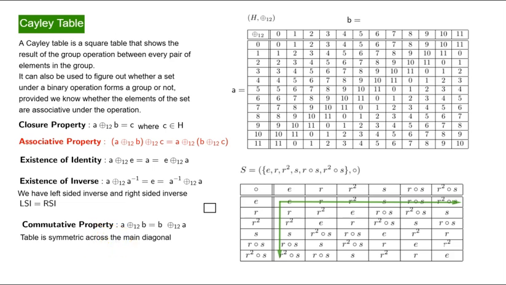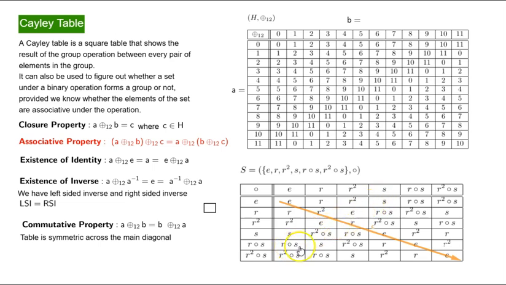Again, for the commutative property, we have already seen, just focus on the main diagonal and see whether it is symmetric across the diagonal. So let's see: R, great, R square, great, S, E, S, great. Now what happens to the next one?